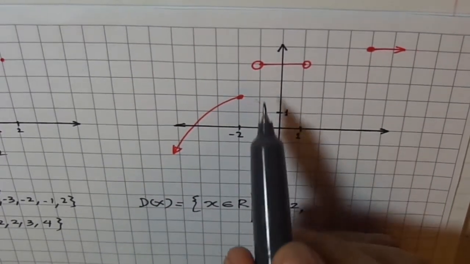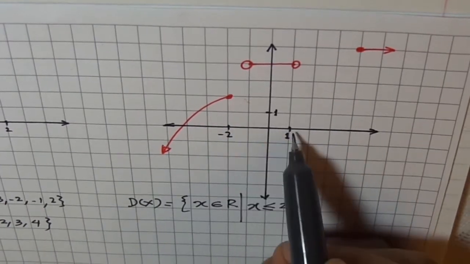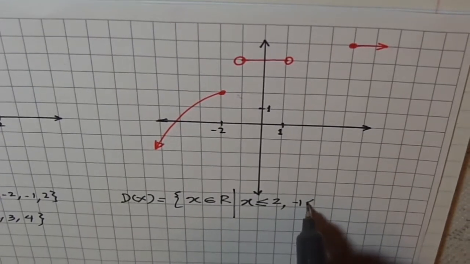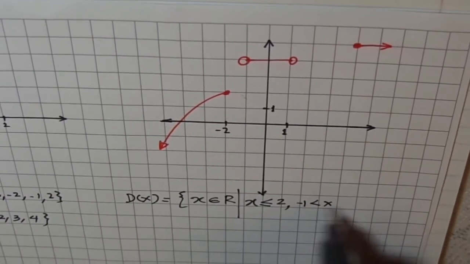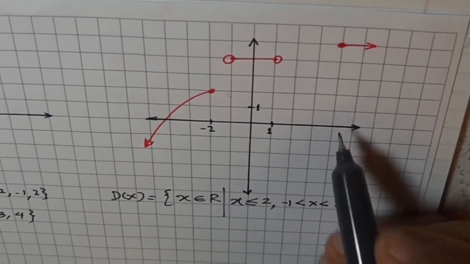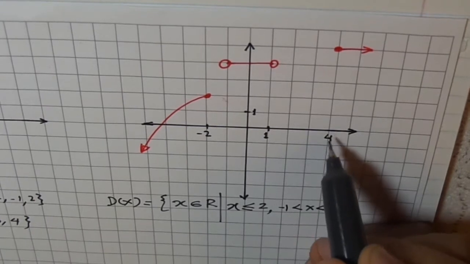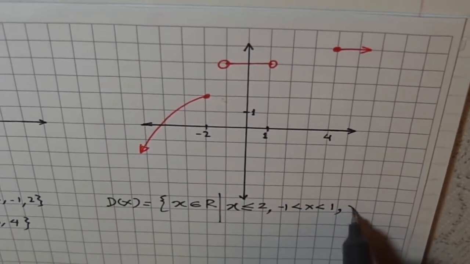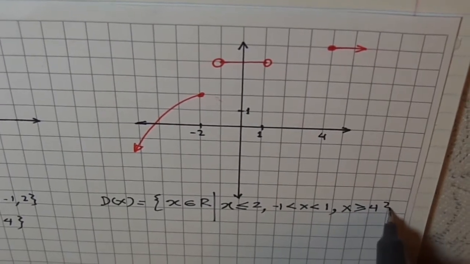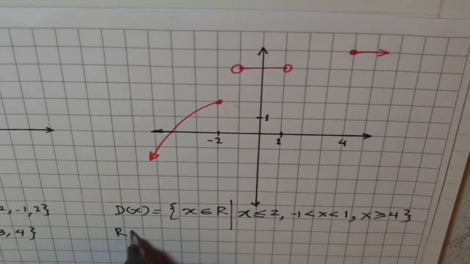Then we have from minus 1 to plus 1, but not including 1 and minus 1. So x is greater than minus 1, but less than 1, okay, comma. And here this value is 1, 2, 3, 4, after 4. So x is greater than or equal to 4. Correct? Yes.